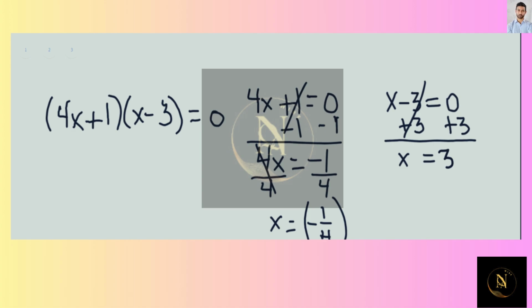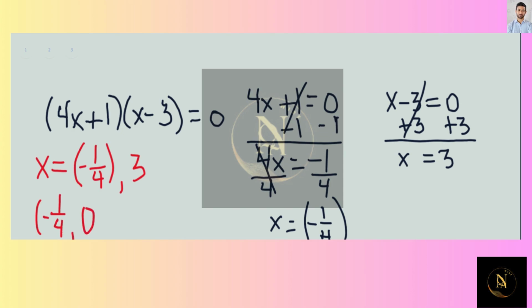So the solution to this problem is that x is going to equal negative 1/4 and 3. And since these are the x-intercepts, or where the graph is going to cross the x-axis, these are actually coordinate values. So the coordinates where the graph is going to cross the x-axis are negative 1/4, 0, and 3, 0.